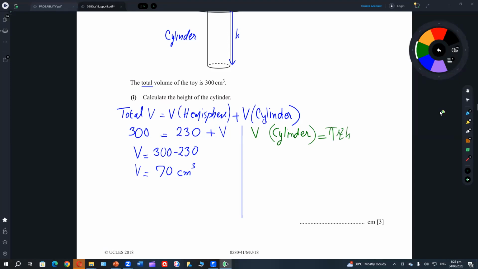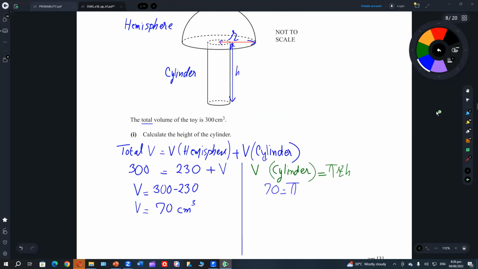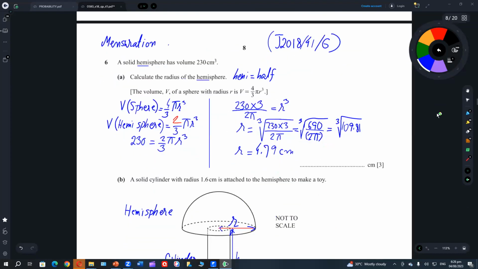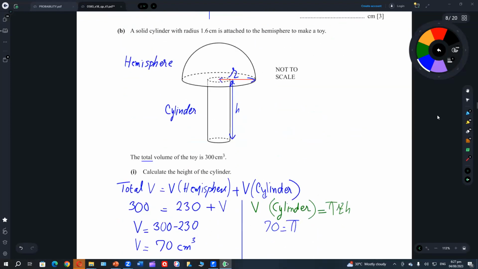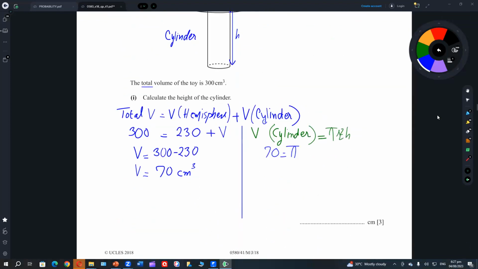What is the volume of the cylinder we got? It is 70. Yes. What was the radius we got? What is the radius of the hemisphere we got? It's 4.79. So we're going to use the same radius. Now I need to find height.